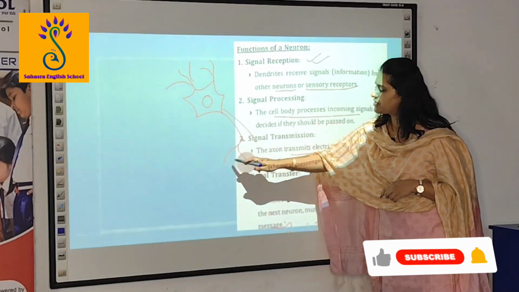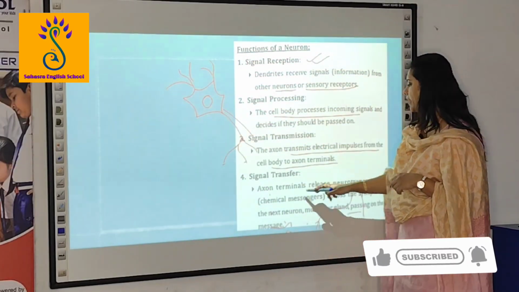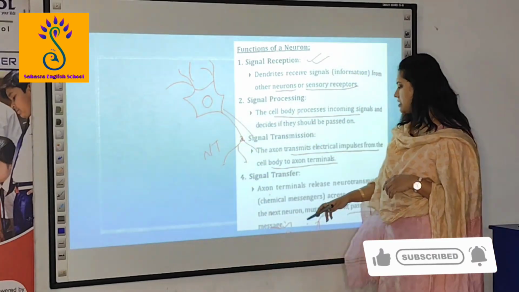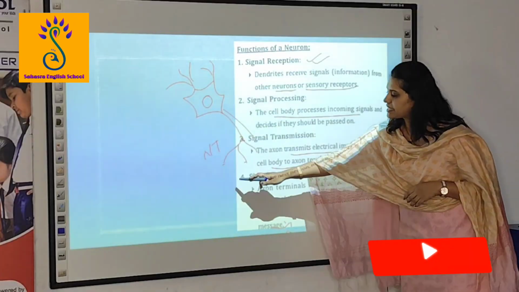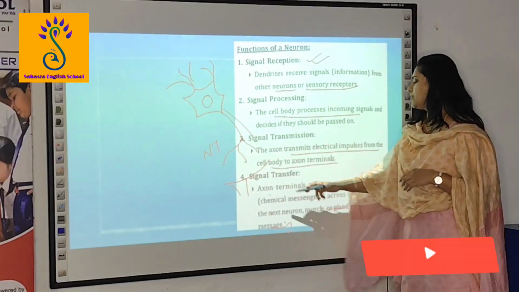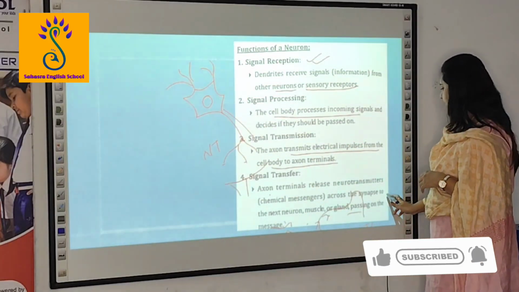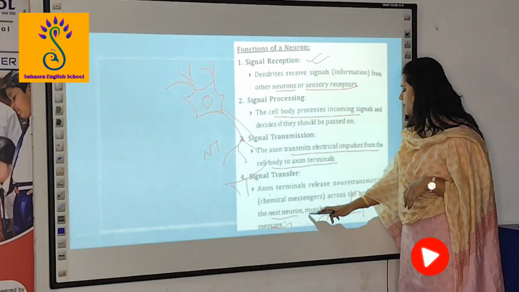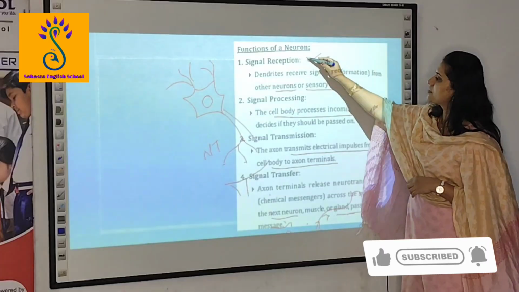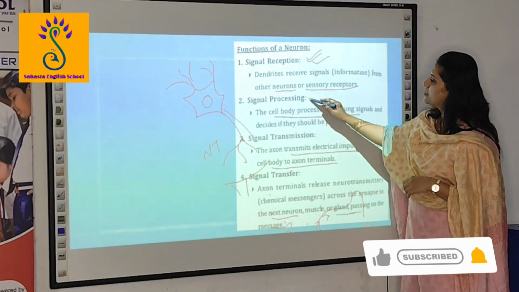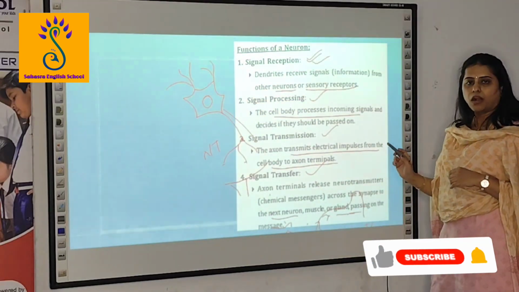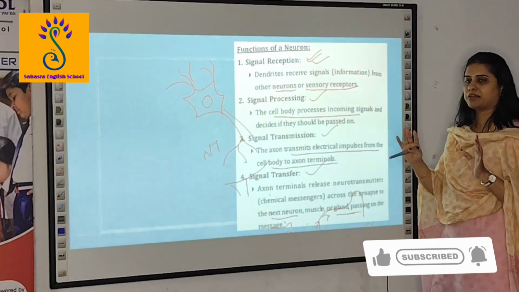Axon terminals release neurotransmitters, the chemical messengers, across the synapse. Synapse is the gap between the nerve endings and the next dendrite, and across the synapse they pass the message to the next neuron, or to the muscle or gland. These are the functions: signal reception, signal processing, signal transmission, and signal transfer. If you write these four and write the structure, you'll get 8 marks.